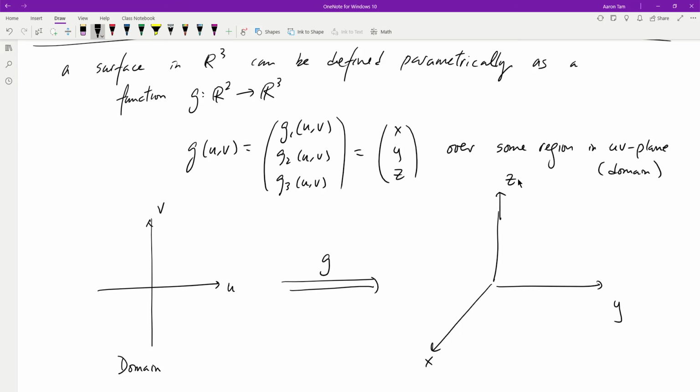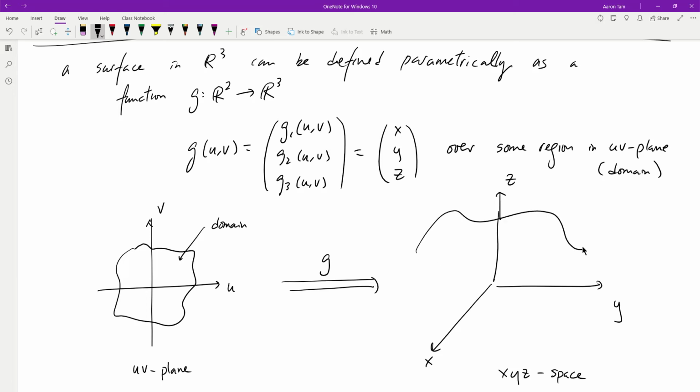For now, I'm going to draw some kind of region in UV right here. That would be my domain, the UV plane. And then this is the XYZ space. After I plug into function g, it will form some kind of surface.